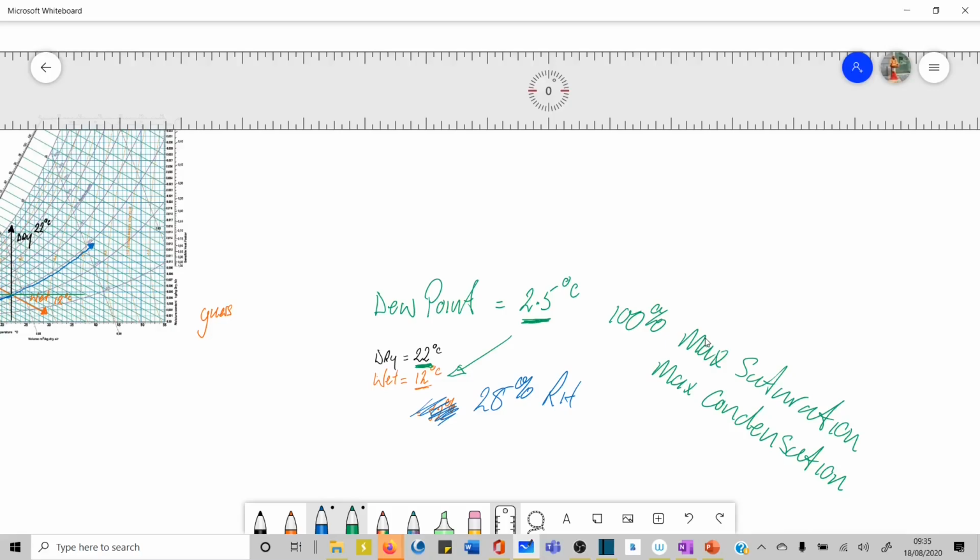And if we were to drop that temperature to 2.4 degrees, then that equals condensation.